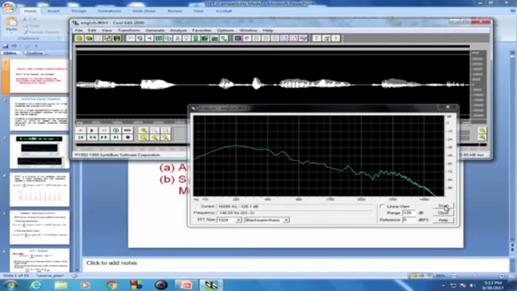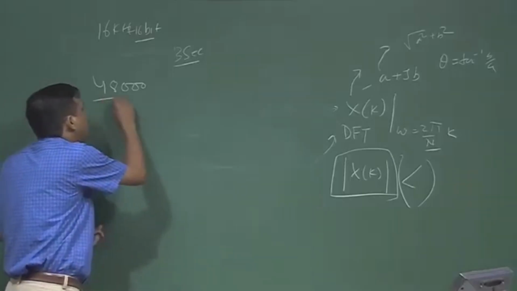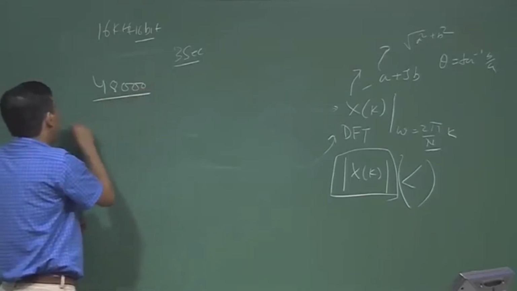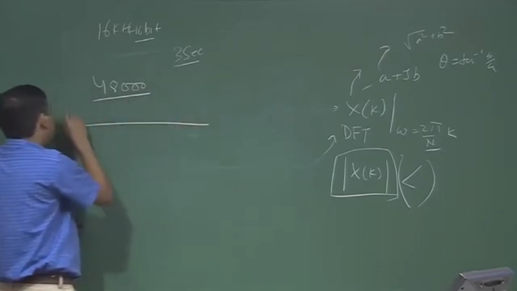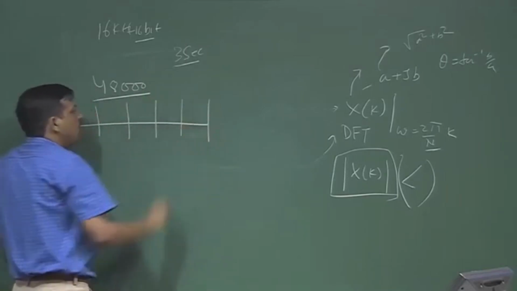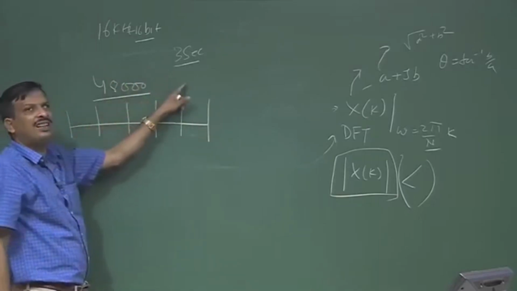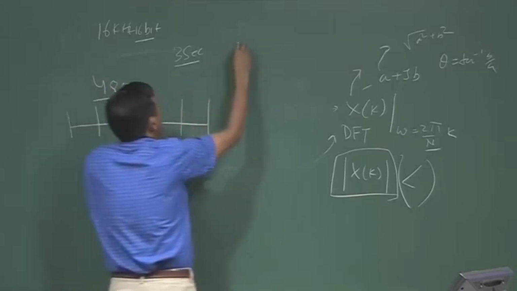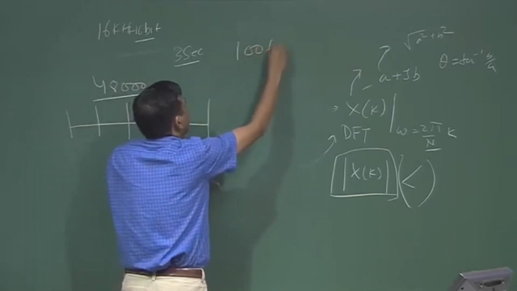So, what I want is, instead of taking the 48,000 samples at a time, let us say I divide the signal into some segments. I divide the signal into segments at 100 frames per second.